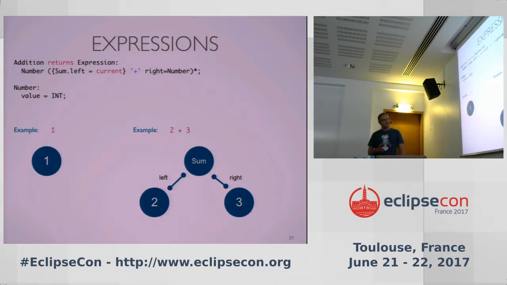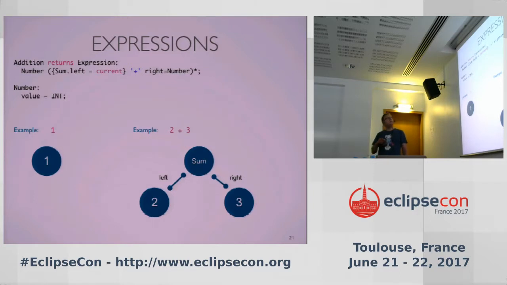And if we enter 2 plus 3, what happens? First, the parser encounters the 2, creates a 2 literal object. Nothing more. That's optional here. Now it finds that there's a plus, and this means that this part here is fulfilled. What it does now is it creates a sum object at this point of time when it encounters the plus.